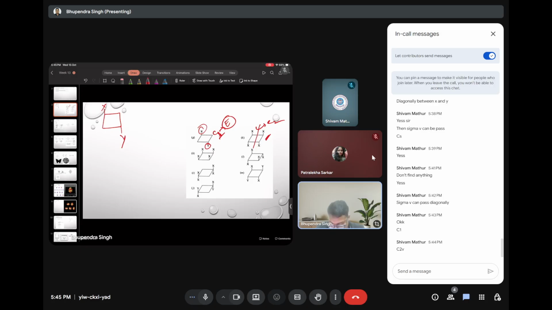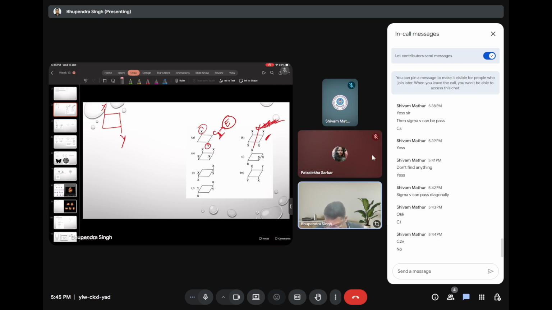No, no, no. This is not a C2, right? It will flip your molecule. No, this is not the C2. This is your C2.